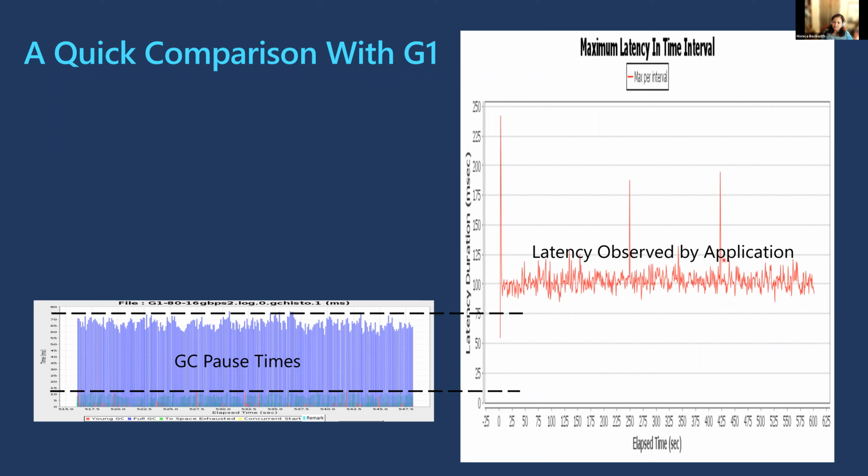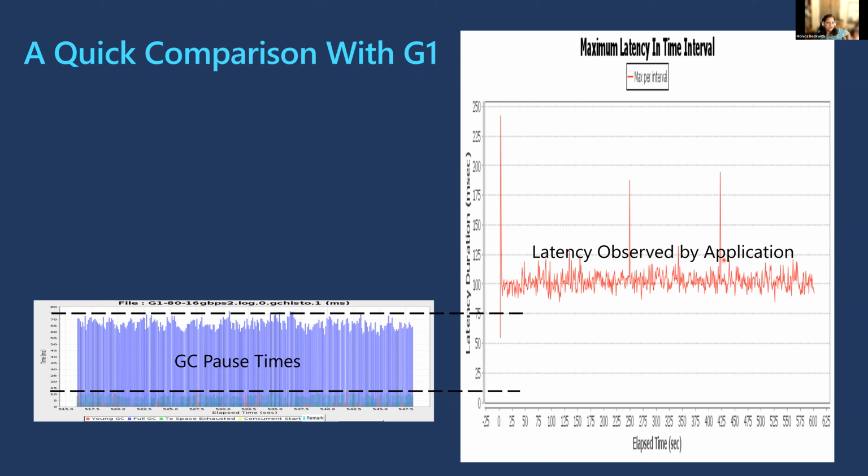It did cross its SLA goals, but nonetheless, G1 is not designed to handle that much humongous object pressure, as well as keeping the GC to the top, because it's trying to do the generational thing.